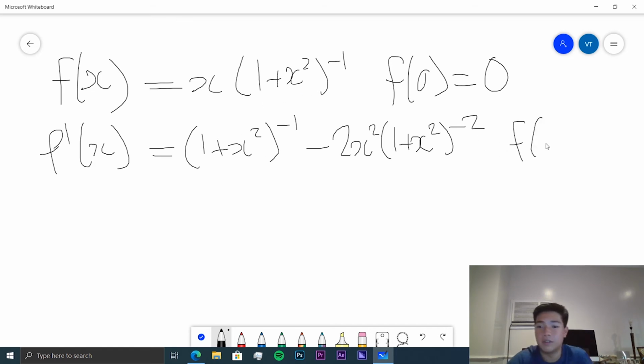So f prime of 0 will be equal to, well, this is 0 and this part will be 1, so f prime of 0 is equal to 1.